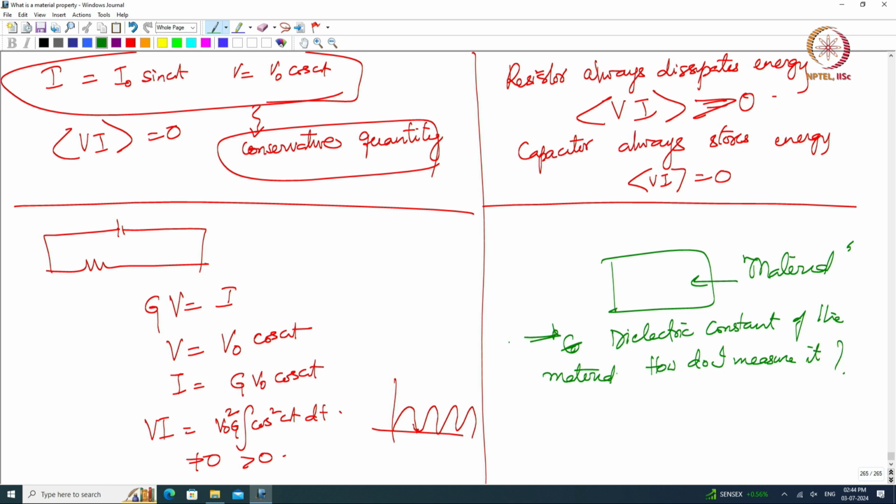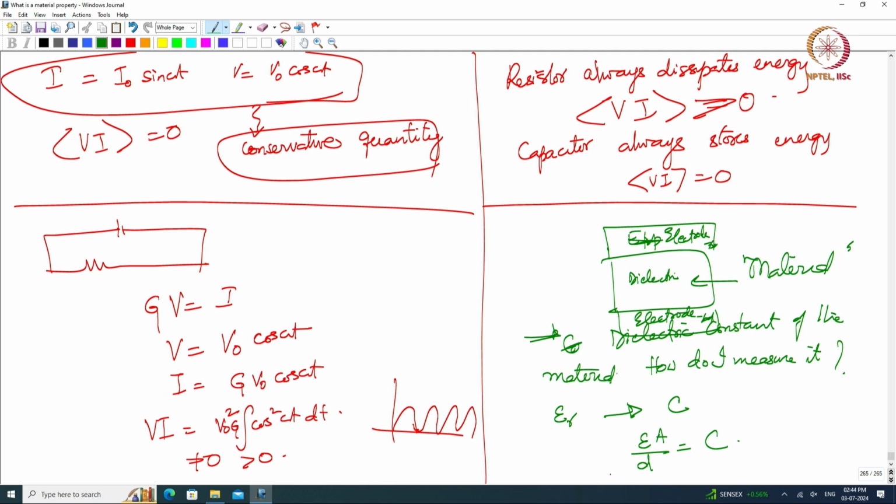So, the dielectric constant epsilon r is related to the capacitance, because epsilon times A by D is nothing but the capacitance, A being the area. So, I am going to put 2 electrodes on the top and bottom. This is the electrode top, this is the electrode bottom. This is the dielectric.